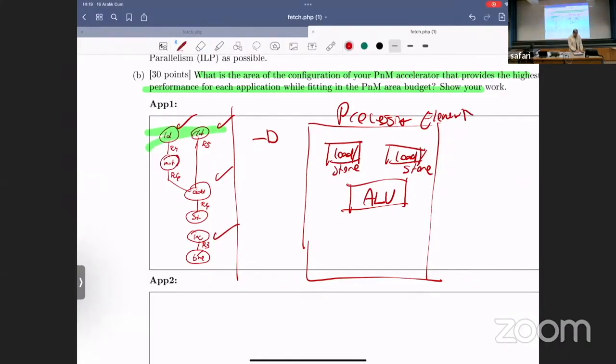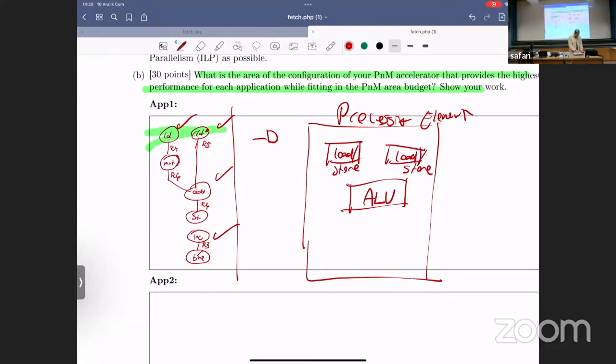You cannot move this move earlier because of the dependency. Is there a dependence between the right load and the multiplication? There is no dependence. Then you could just move this one load later, and then you don't need the other load store. But then you're going to serialize loads.